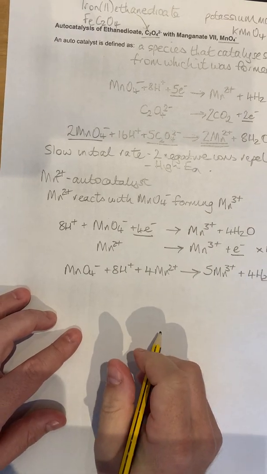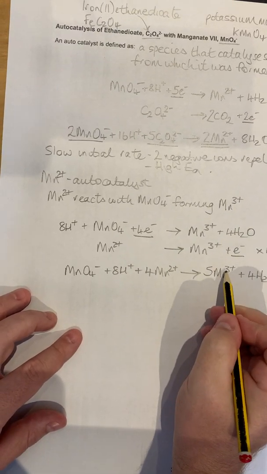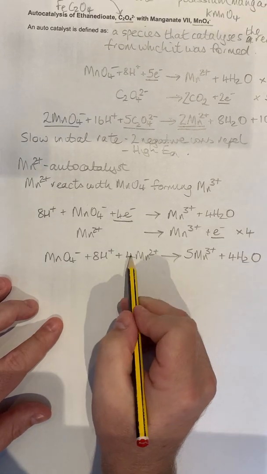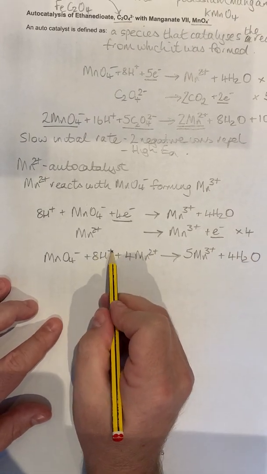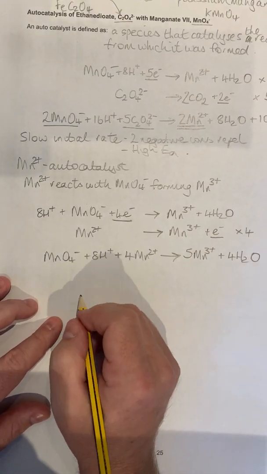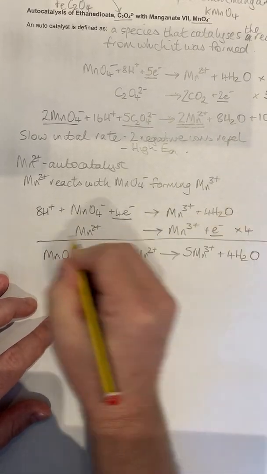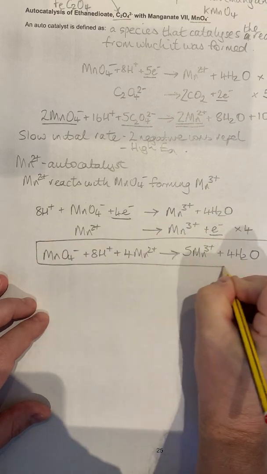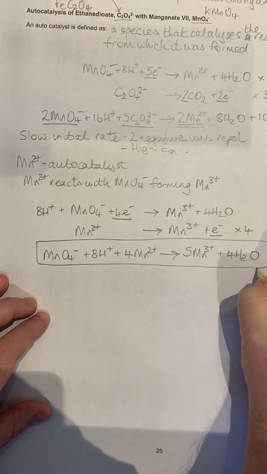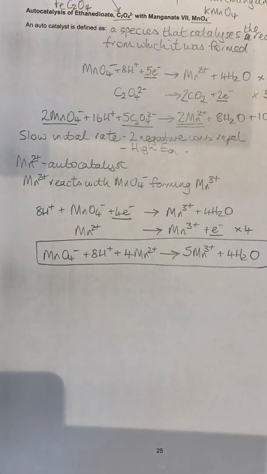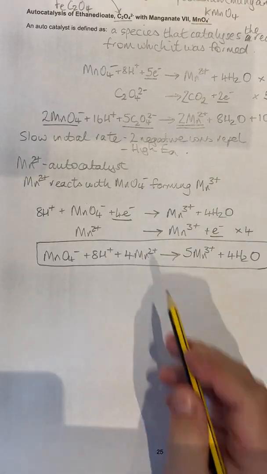Just double check the charges: plus 15 on that side, and 8 plus 8, 16, minus 1, plus 15. So that is our one equation for how Mn2+ behaves as an autocatalyst.